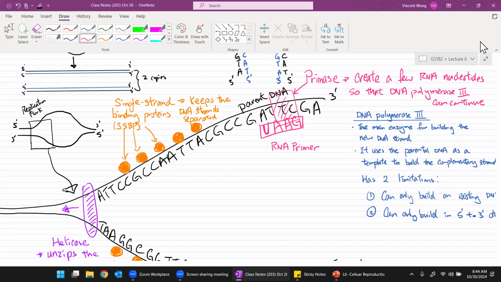Do you understand why we need this extra step? Right? Because the enzyme will not do it on its own. That's the biggest problem. Understand?